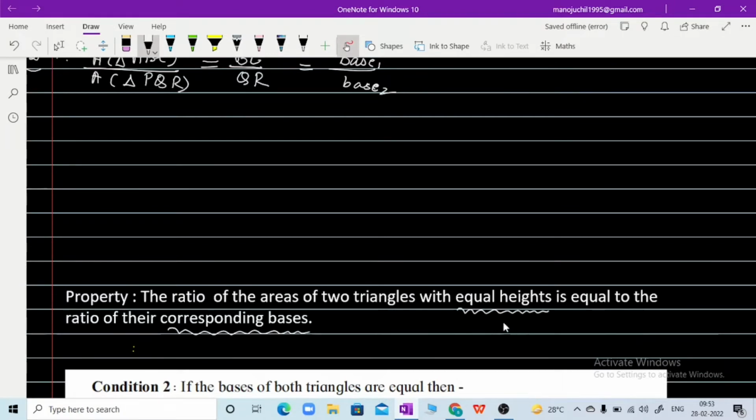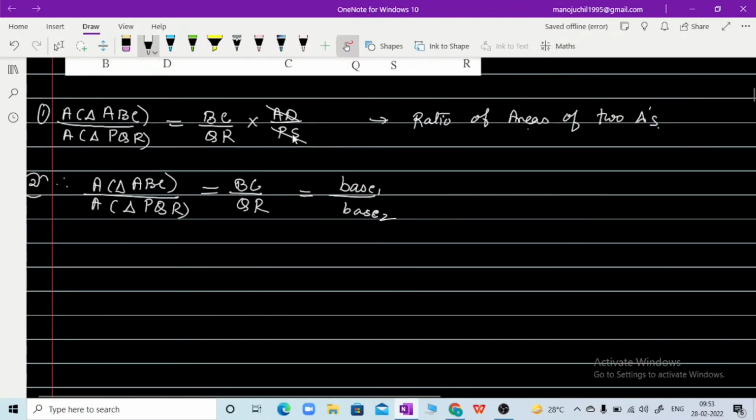That means if the triangles have equal heights, then the ratio of areas of the two triangles will be equal to the ratio of their corresponding bases, because the heights get cancelled here. Can you make it out? The heights get cancelled because they have equal value. So what is left is base upon base.